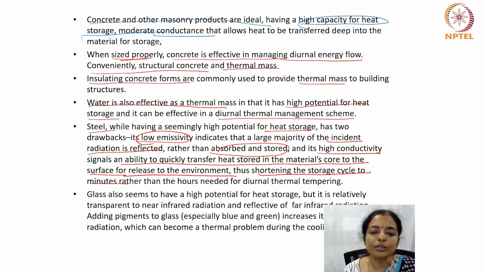Glass also seems to have a high potential for heat storage, but it is relatively transparent to near infrared radiation and reflective to far infrared radiation. Adding pigments to glass such as blue and green color increases its ability to absorb radiation, which can become a thermal problem during the cooling season.